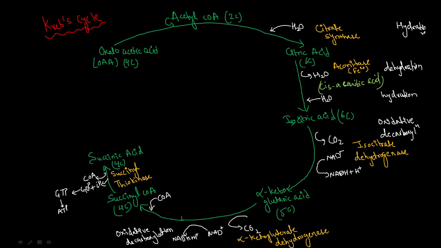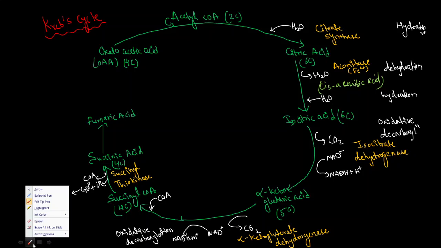Okay. Now this succinic acid is going to get converted into something known as fumaric acid. And this is happening because this succinic acid has gone through an oxidation process again.